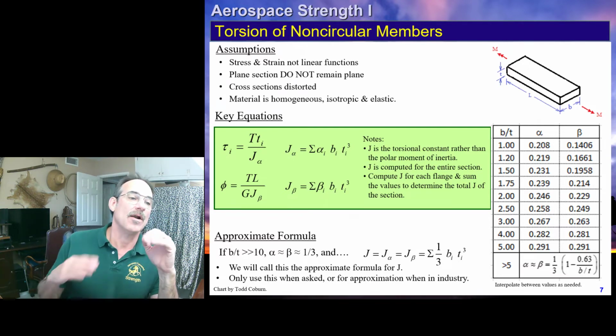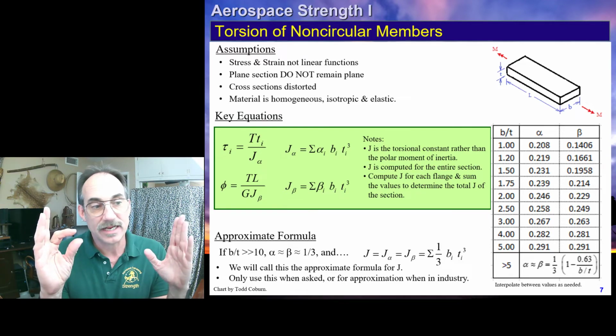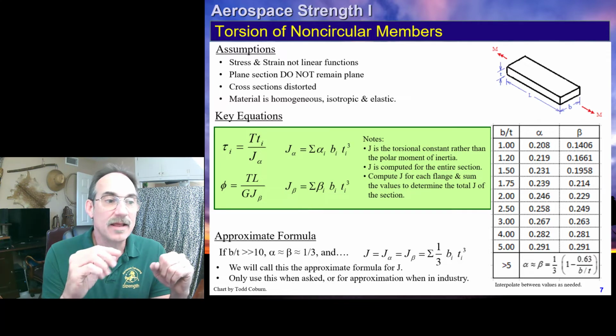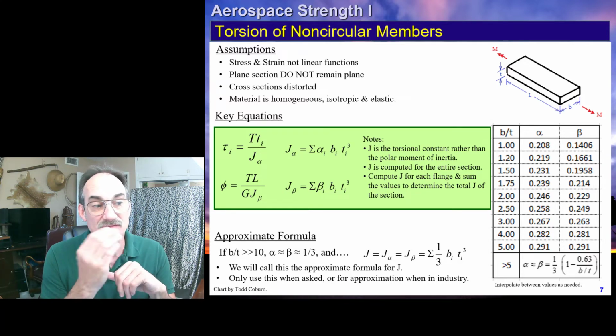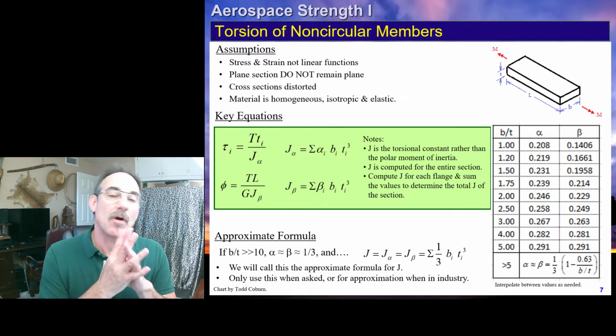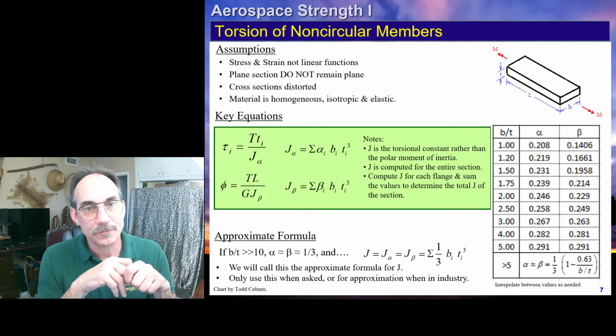So what we see here is that if a flange has a relatively long width versus its thickness, like if it's 5 by 1, then its b over t ratio is 5, and your coefficients are 0.291 for both stress and angle of twist.